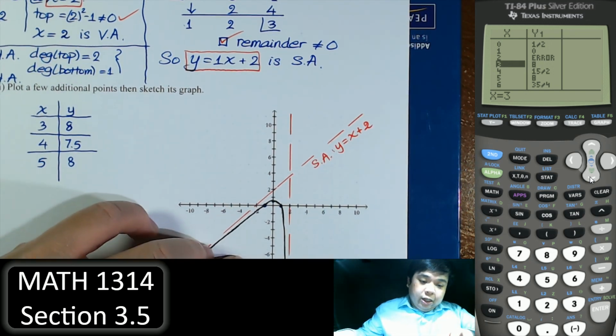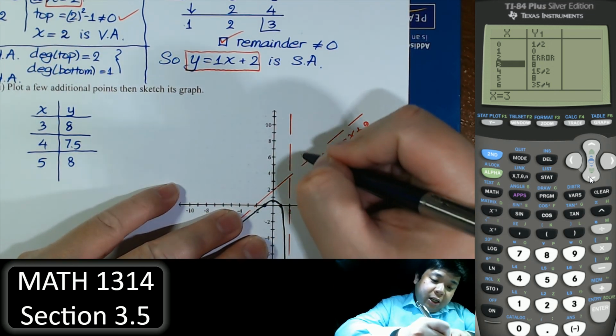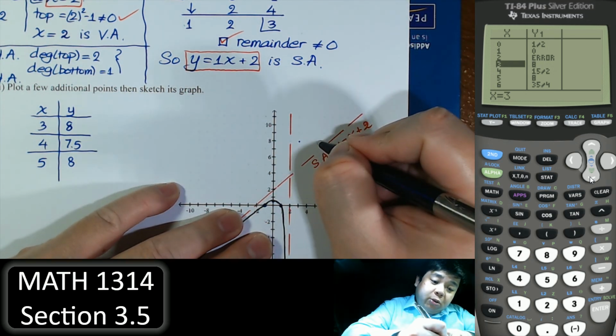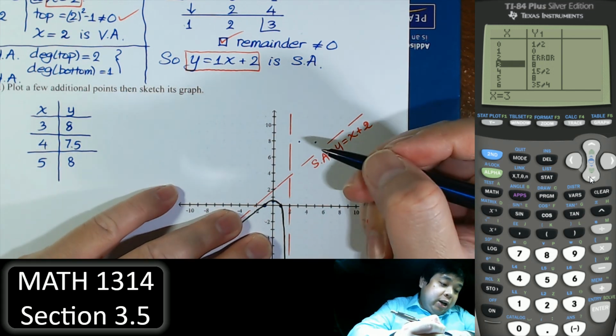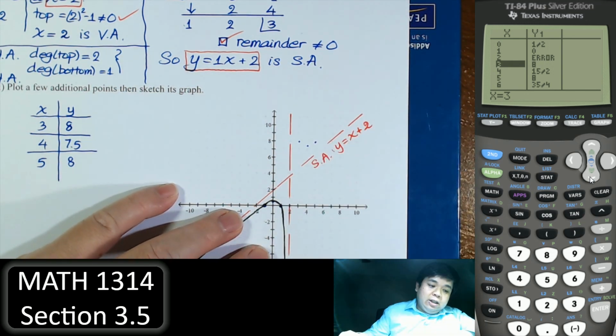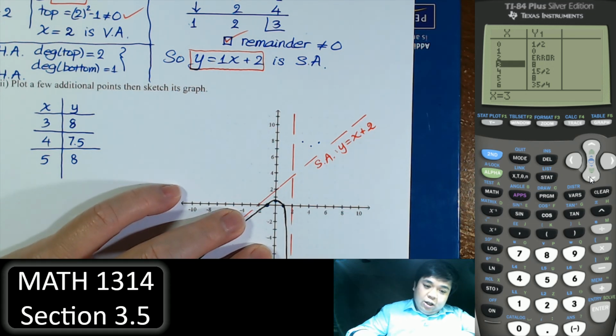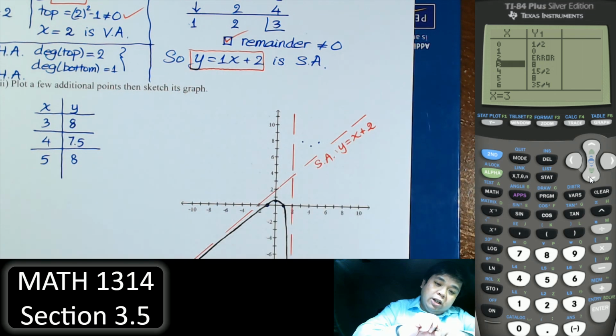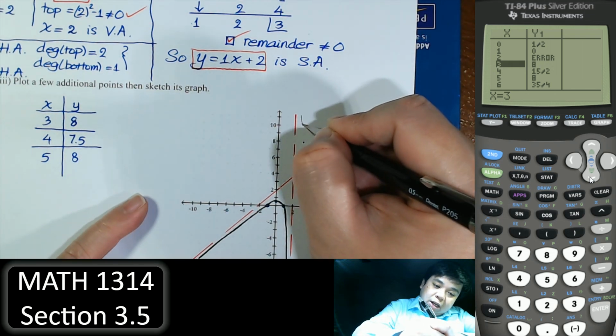So we have the points. When x equal to 3, y is equal to 8. X equal to 5, it is also 8. And when x equal to 4, it is 7.5. So once again, we have those points, and the function is approaching the asymptotes. So it will be like this.